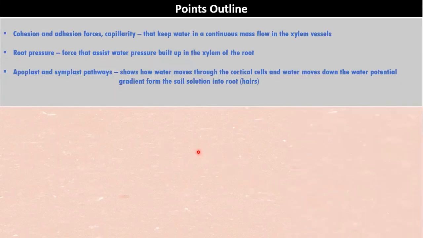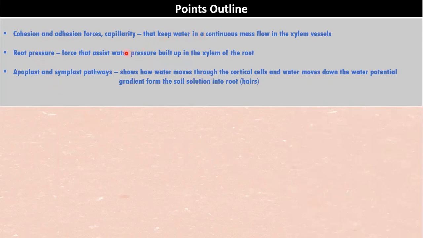Another point that we'll talk about is the cohesion forces of water, adhesion forces between water and the xylem vessel walls, and also capillarity. These are ways in which water is kept as a continuous mass in the vessels.